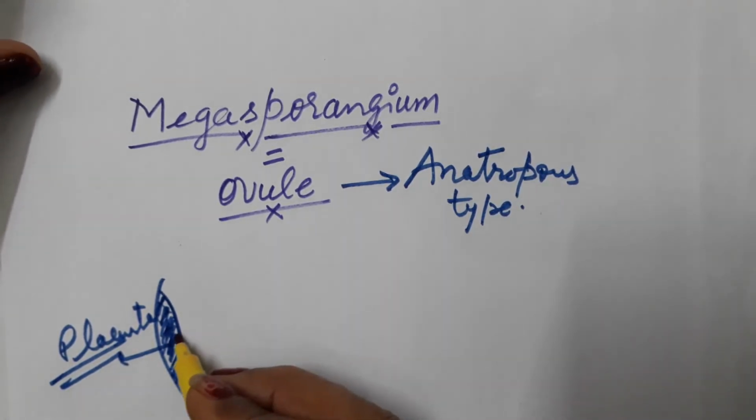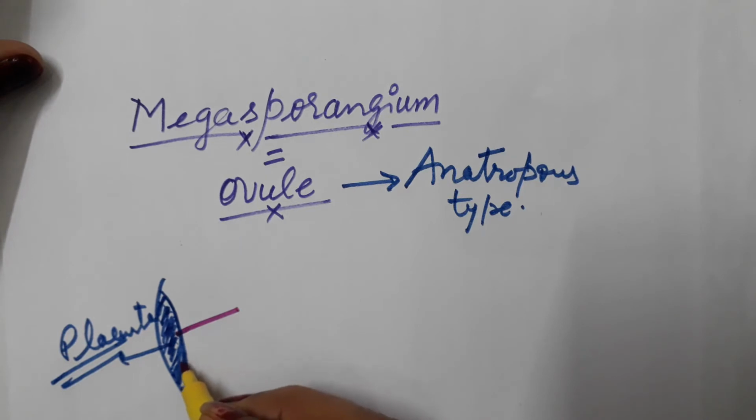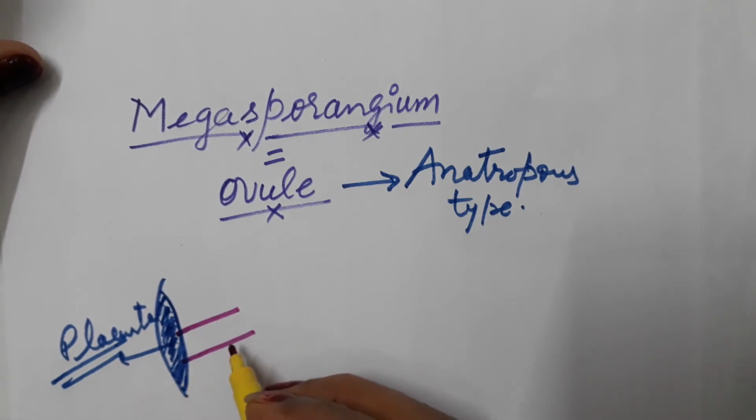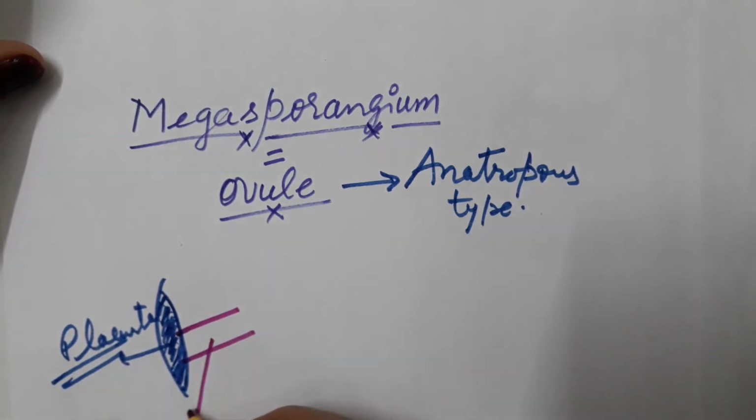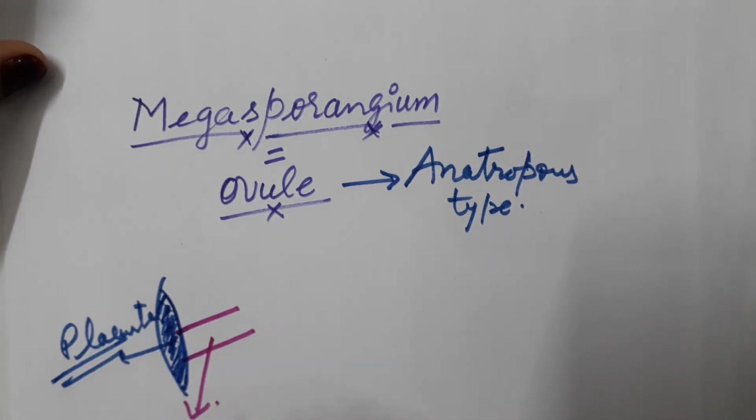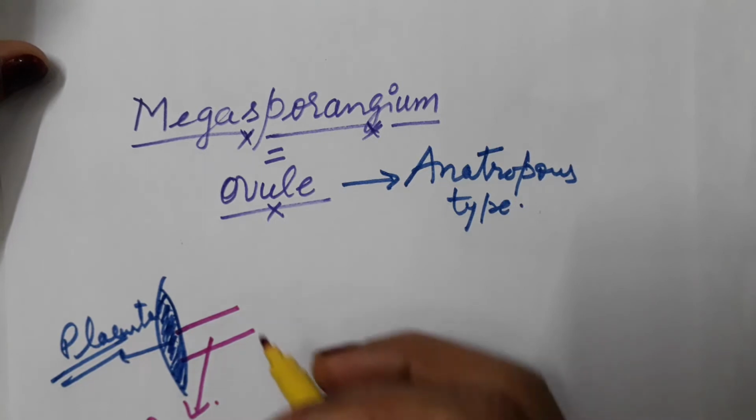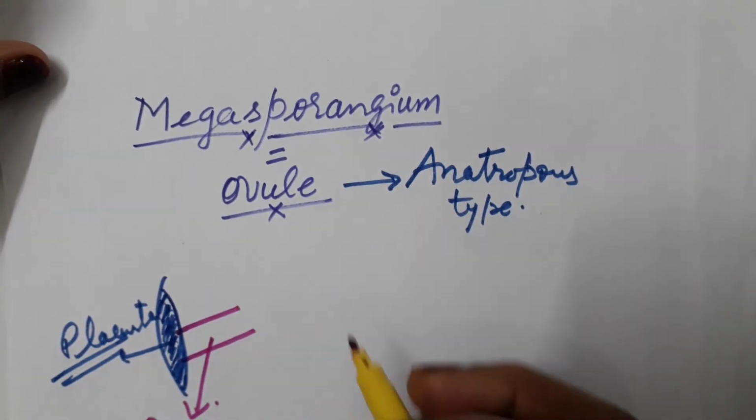Ovule consists of two parts: a stalk-like structure, which is known as the funicle, and another part, the main body.